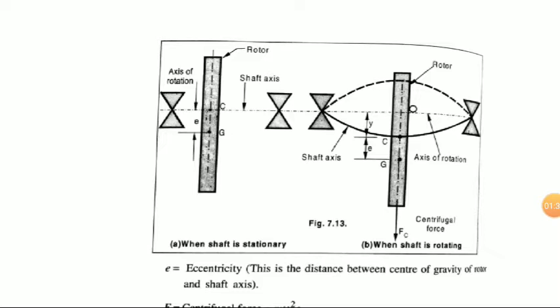And when the shaft starts to rotate, the center of gravity, or center of the rotor and shaft, shift from the initial position to a new position. Means C and G shift from the initial axis to the new position, and the new position is producing a deflection y. y means the extra deflection, the deflection produced due to rotation of the shaft.